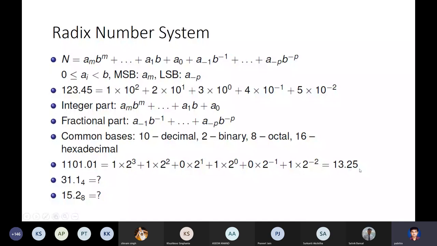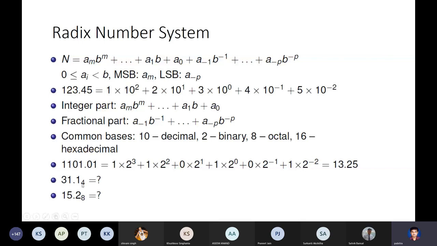So naturally, similarly, suppose I have a number. Note that the value of the digits can be from 0 to base minus 1. So if you have base 2, it can only be 0 and 1. If it is base 4, it can be from 0 to 3.